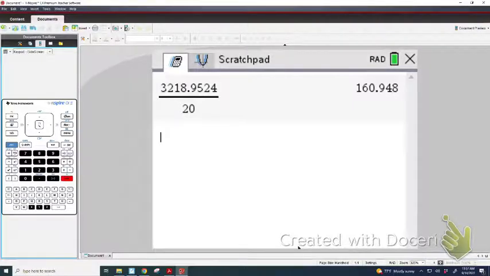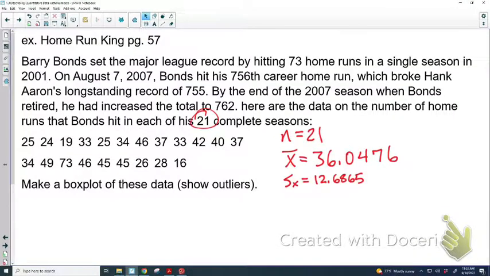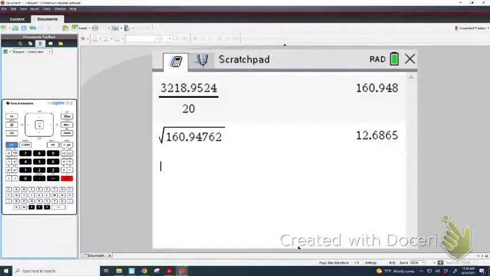That's s squared. So if I square root it, I get my sample standard deviation. 12.6865, which is what I wrote down just a second ago. 12.6865. Pretty cool. And that's all the calculator does.